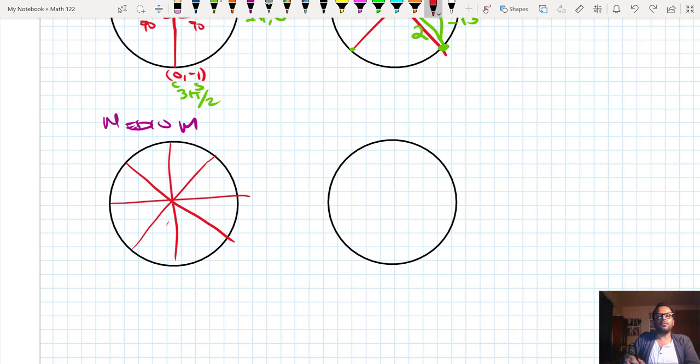Suppose we want to evaluate the trigonometric functions for 3 pi over 4. This 3 right here is telling us that 3 pi over 4 is the third slice. So this is the first slice, the second slice, and the third slice. Draw a triangle right here. This is going to be -1, this is going to be 1 and root of 2, right? That's the multiples of 45 degrees or multiples of pi over 4.